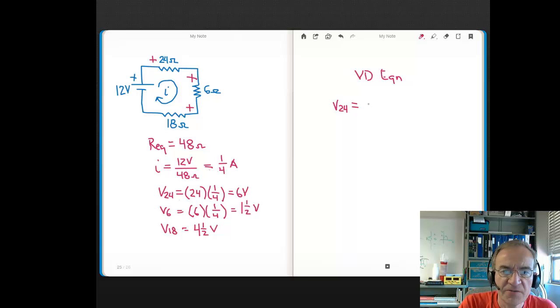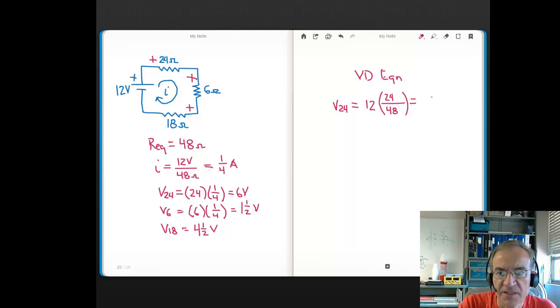So you see, using the voltage divider equation, the way we get the voltage across the 24 is that there's 12 volts across the series combination, then it's times a ratio, where in the numerator would go the value of the resistor I want the voltage for, so the 24, and in the denominator would go the REQ.